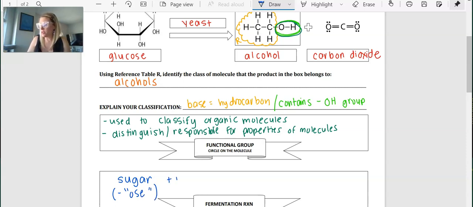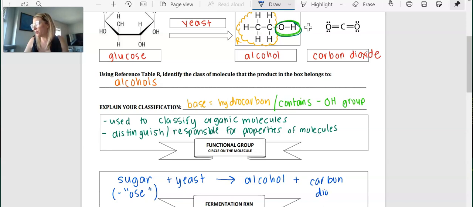So it's going to be sugar and yeast, and it will always produce alcohol and carbon dioxide. And so if we're looking to identify a fermentation reaction, we do want to make sure that we are always producing not only the alcohol, but also the carbon dioxide group.